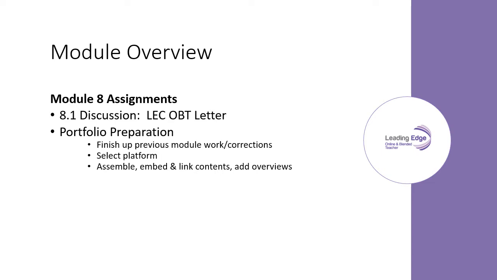You'll add overviews for each module, kind of just a little lead-in comment or two about what the module is about and how it affected you and that kind of thing. And then you're going to actually submit the final portfolio, and we have a form on the PowerSchool page. Again, we'll show you in a minute where to do that.